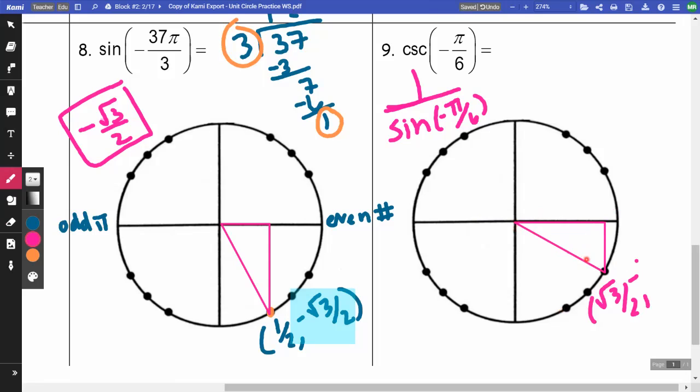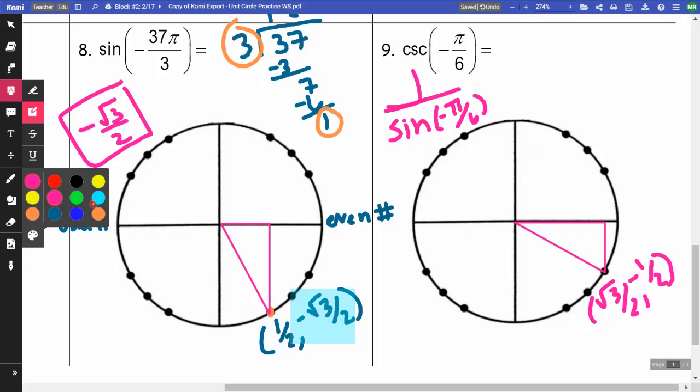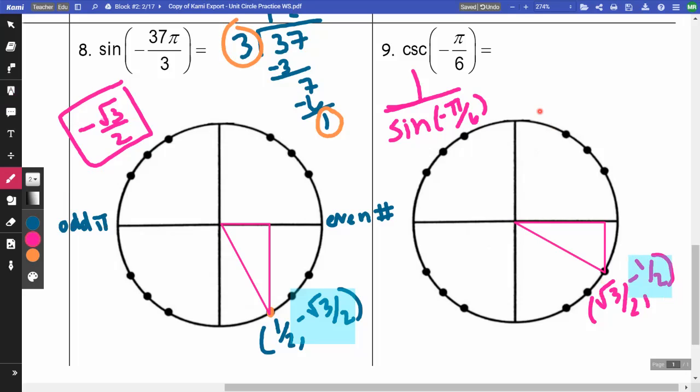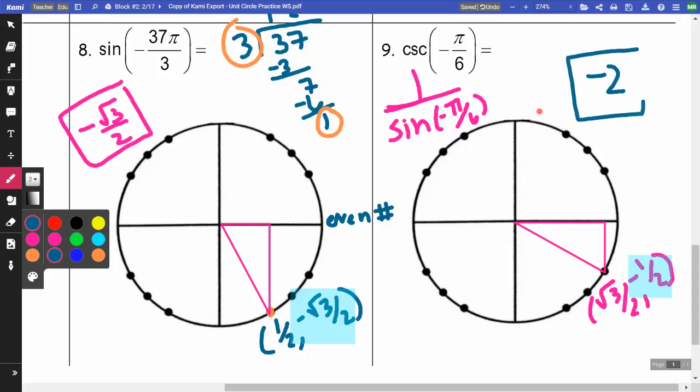Root 3 halves, comma, negative 1/2. And again, this is cosecant, which is the reciprocal of whatever your sine is. My sine is my y. I am going to take the reciprocal of that, and the reciprocal of that is -2. And that's your answer.